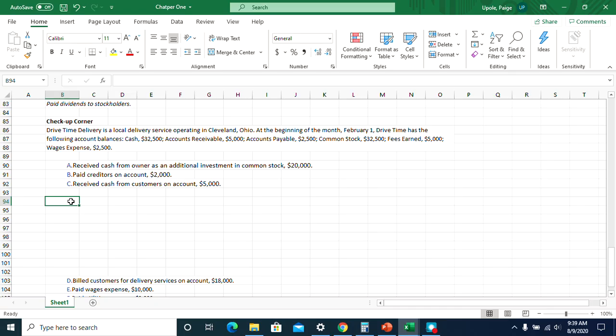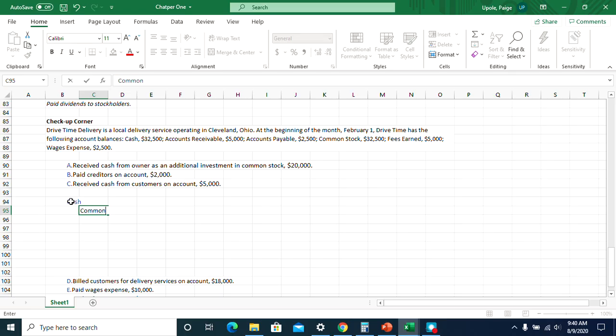So let's walk through the first transaction, item A. This is very similar, identical really, to the one we had recorded earlier. We're receiving cash from the owner. So that's our debit, that's our asset, that's an increase to cash. And then we are recording common stock. They're investing in our business.